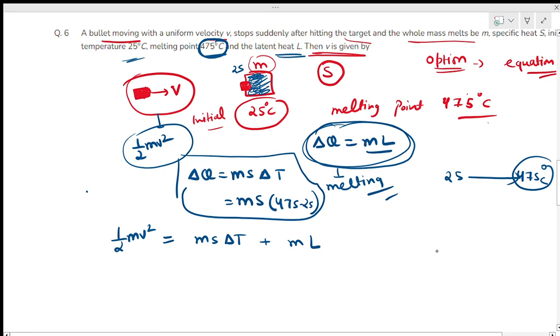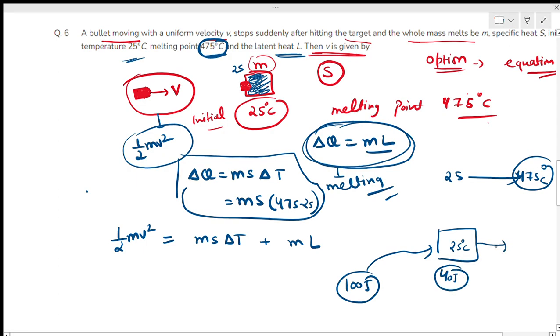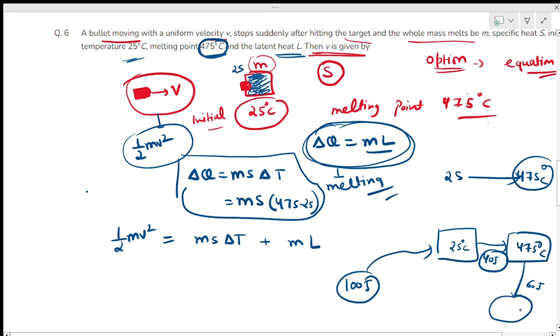Suppose I give you an example: a substance at 25 degrees Celsius, and I give it 100 joules of energy from the bullet. It may happen that only 40 joules are required to raise its temperature to 475 degrees centigrade. Then 60 joules are left, and that 60 joules is used in melting the substance.